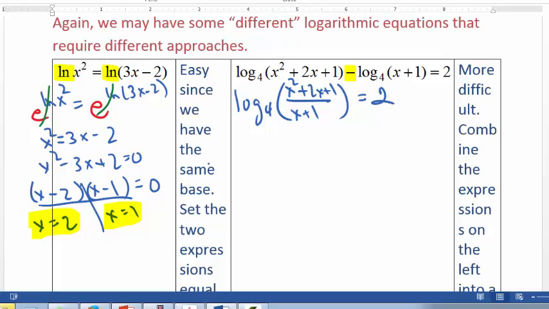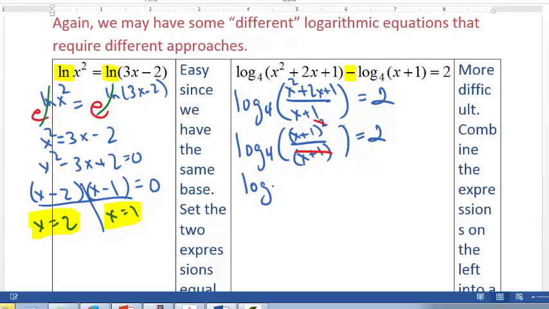And now if you notice, if you just look inside the parentheses, x squared plus 2x plus 1 is actually a binomial squared. It's really x plus 1 squared. So I can simplify this thing even more, because now I would be able to cancel one of these with that denominator. So I would really just have the log base 4 of x plus 1 equals 2.